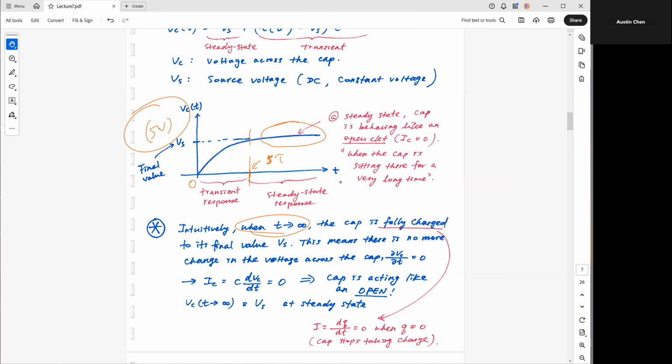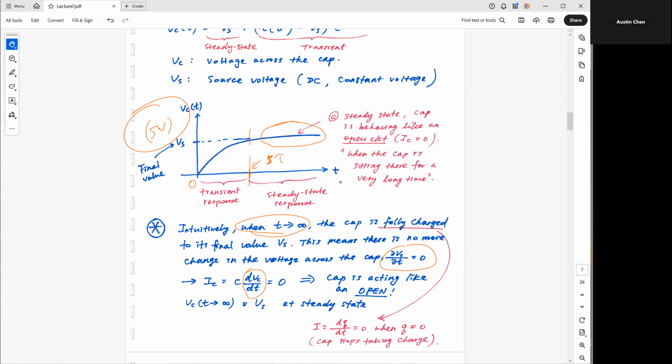So that means dVc/dt, with respect to time, is equal to 0 if there is no change in the capacitor voltage. No more change in this voltage with respect to time. So if dVc/dt is equal to 0, this term here is equal to 0, and Ic is equal to 0.